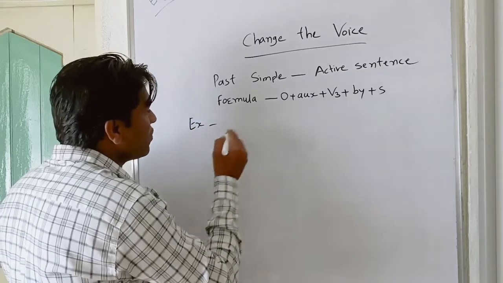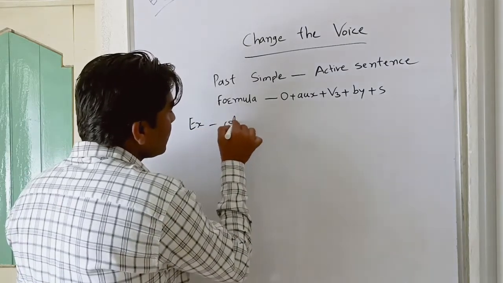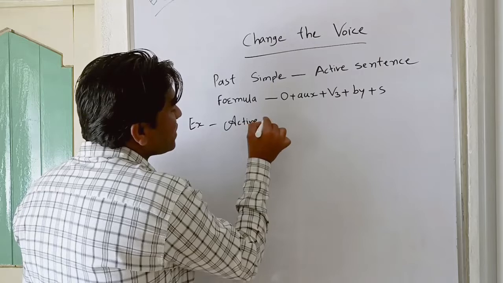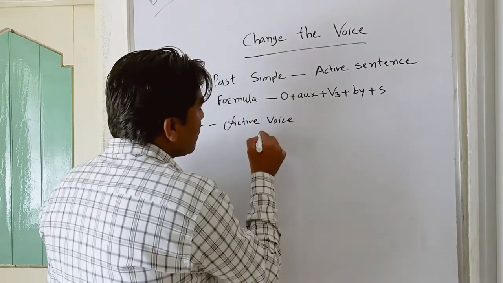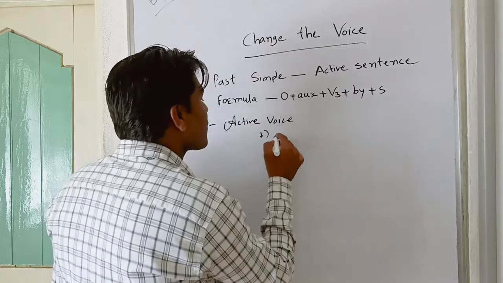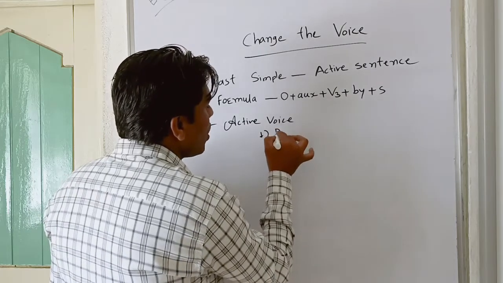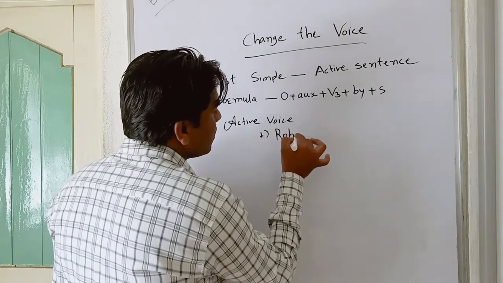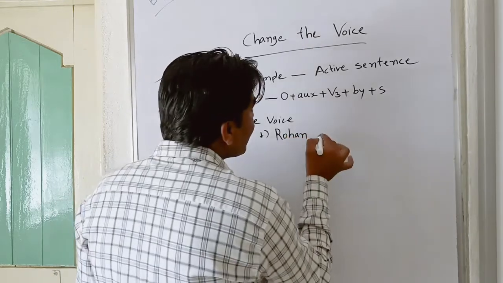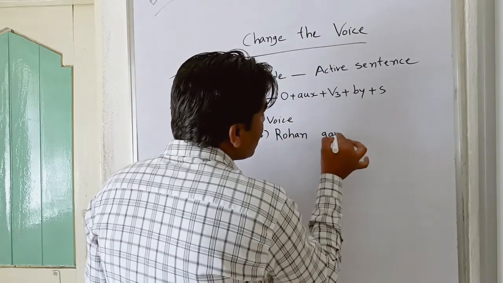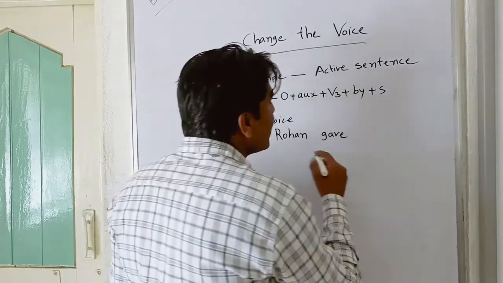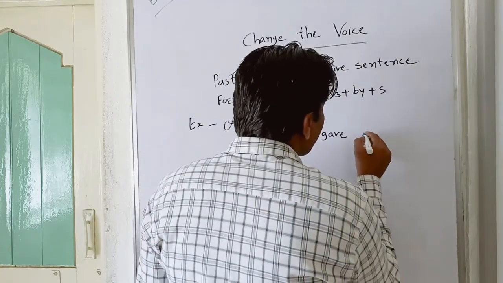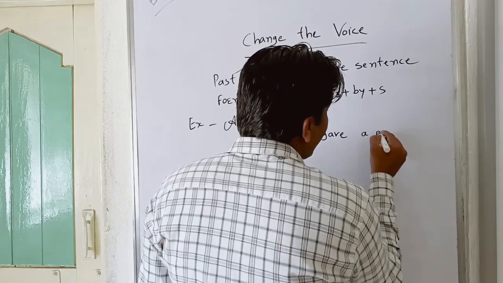Example of active voice. First example: Rohan gave a pen. Please write it down.